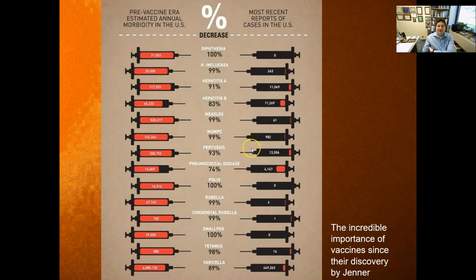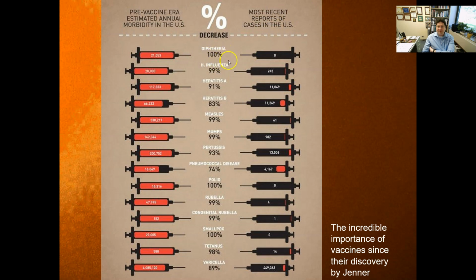Look at the effectiveness of vaccines since their discovery by Edward Jenner. Over here is the pre-vaccine era estimated annual morbidity in the United States, the number of cases in the U.S., and then the most recent reports after the vaccine.